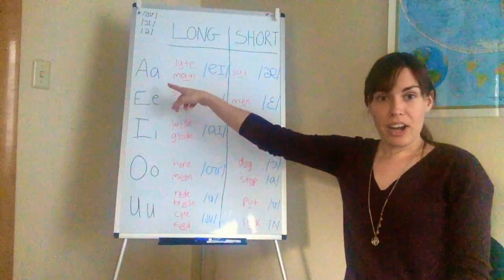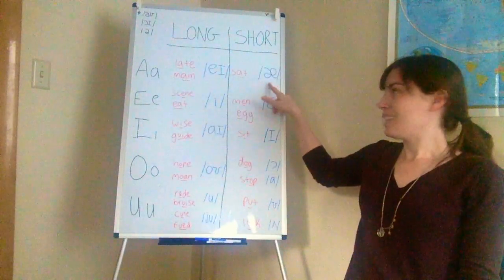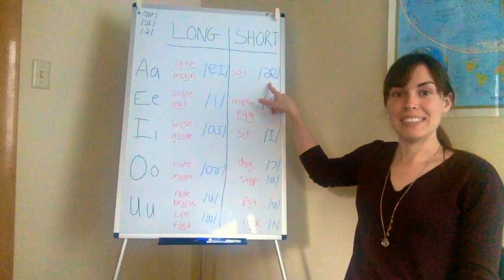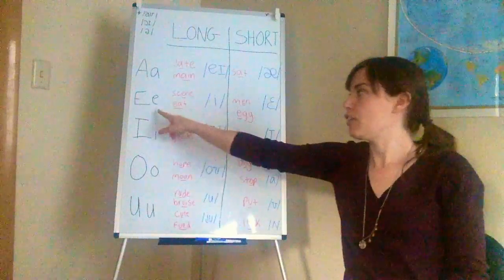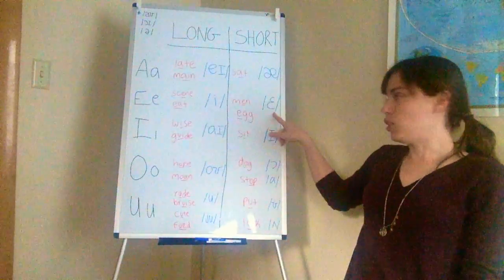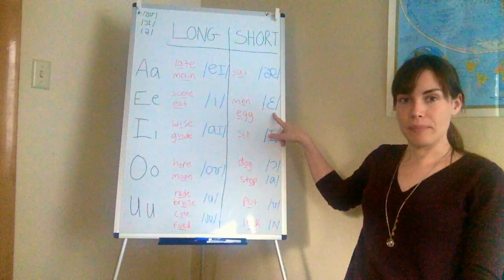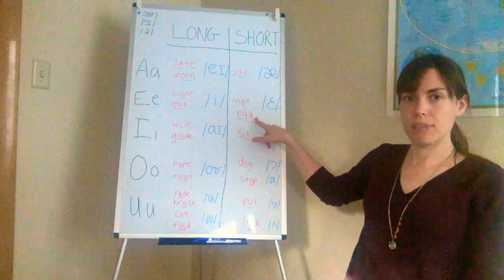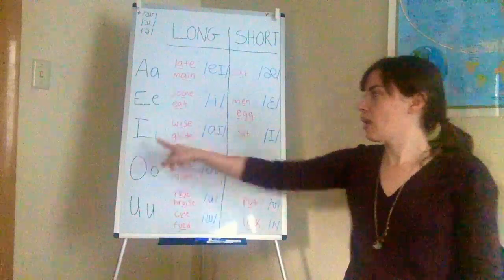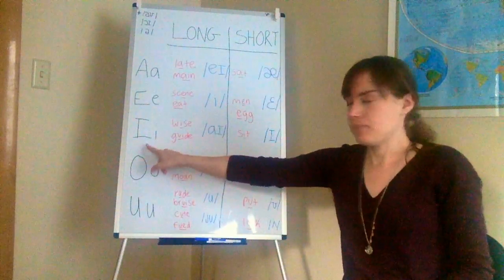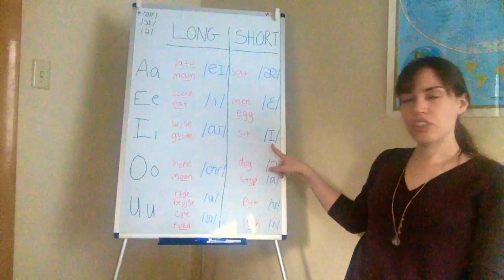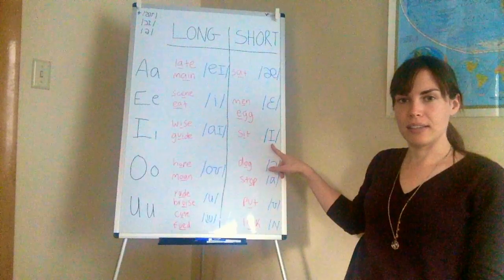Again, for the letter A, the short version is A, like in sat. For the letter E, the short version is like in men or egg. I'll explain that in a minute. For the letter I, the short version is like in sit.